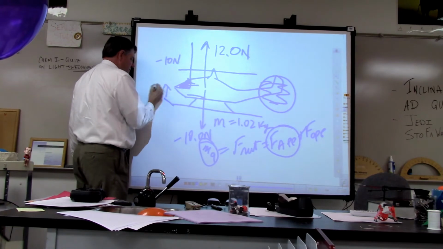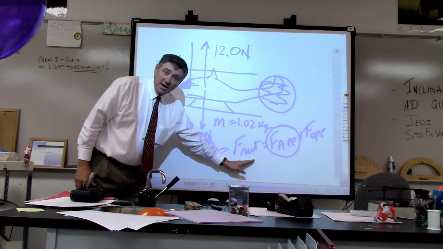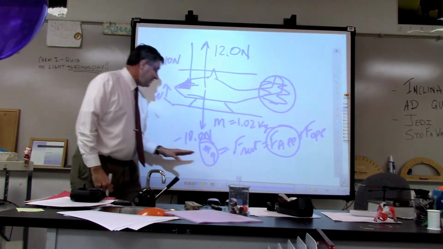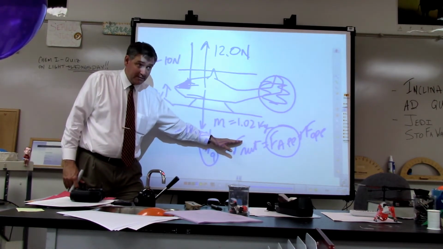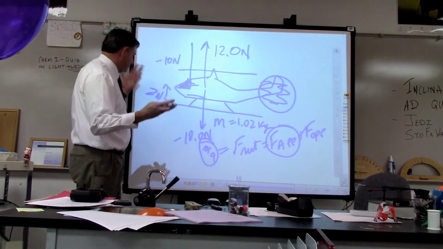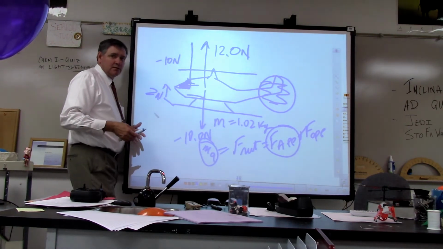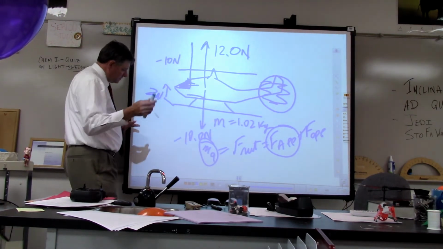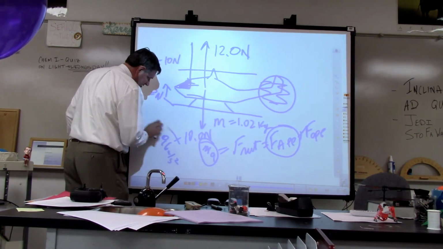So I got a 2 newton force acting up. That's my net force. Then I'm going to divide that by my mass to get the acceleration. So take 2 and divide it by 1.02, and you should get 1.96 meters per second squared.